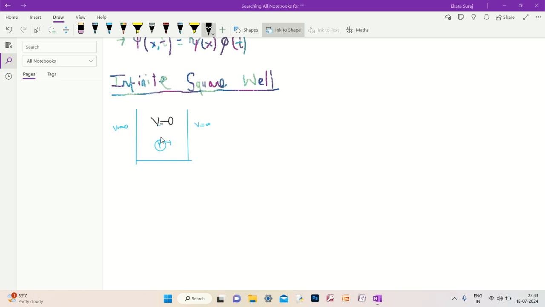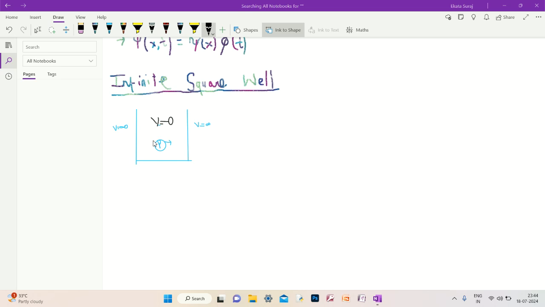The inner area of the well is where the particle exists, the area inside the well where the potential energy is equal to 0. Why the particle only there? Because at infinity there is no chance of solving the Schrodinger wave equation. That's why the probability of finding the particle outside the well is 0, and inside the well there is a probability of finding the particle.